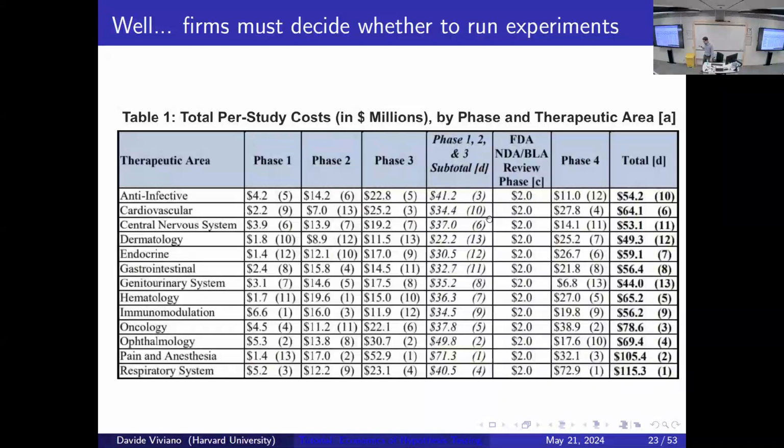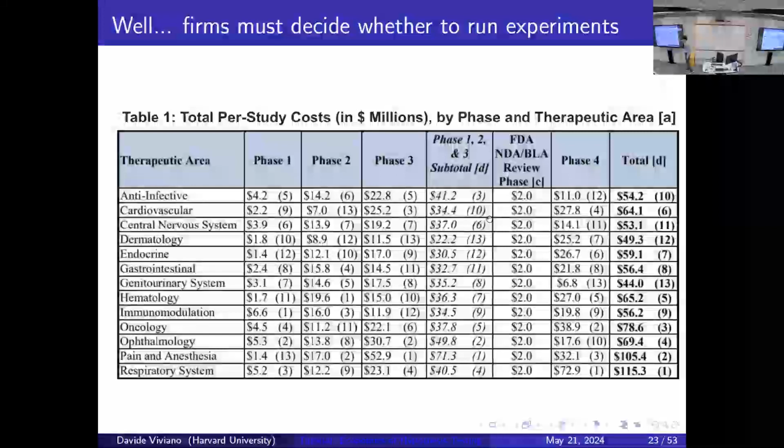Something that we missed, for instance, is to incorporate the cost of running the trial in the first place. The researcher may decide whether to run a trial or not based on the expected benefit that may be received from approval. And this cost can be huge. If we look at phase 1, 2, and 3 trials, typically the costs are increasing, and are between 20 and 50 million for phase 3 trials.